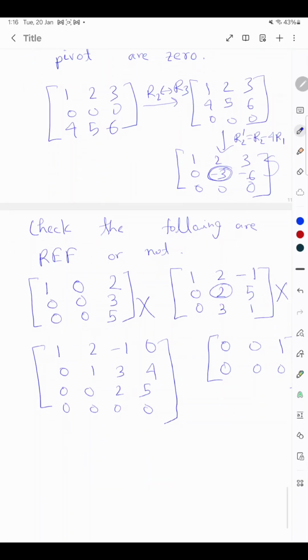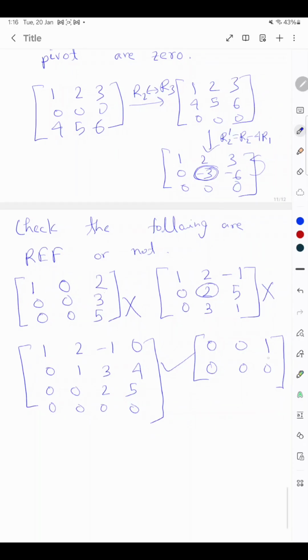Next, here the first pivot is this one, below it everything is 0. Here you have 1, below it all are 0, and this is to the right of that, right? So no issue. This is also a pivot, below it is 0, and all the zero rows are at the bottom of the matrix, so this is correct.